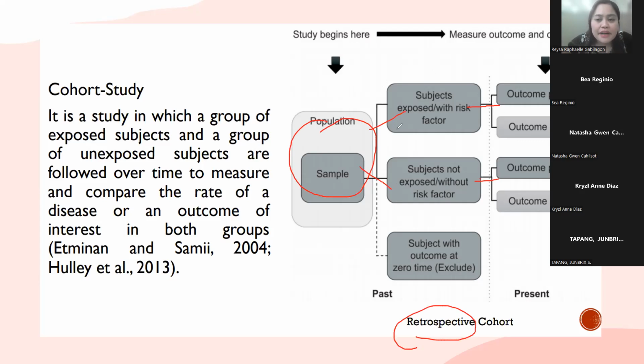Example lang, cancer pa rin. So 10 years backward, itong mga subject na ito, yung nagsusmoke na for 10 years, ito wala. Hindi sila nagsusmoke. Siyempre, i-exclude natin yung may mga sakit na at 0 time. Tapos, we will look at the present, whether lung cancer is present or absent. So, baliktad siya. Risk factor muna before outcome.